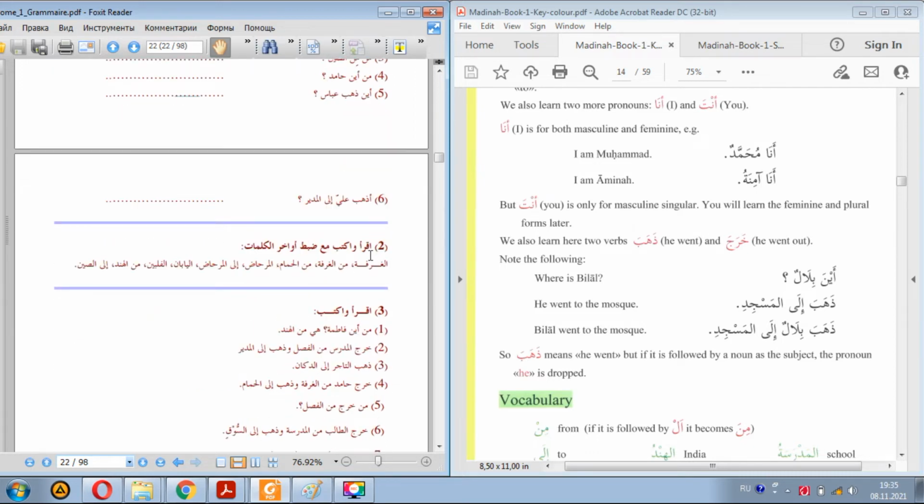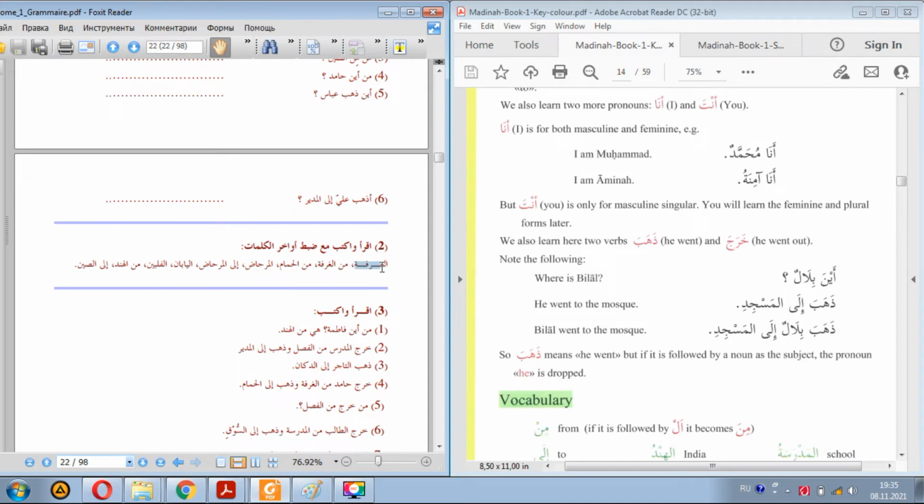اقرأ واكتب مع ضبط أواخر الكلمات. Read and write with placing the harakat at the end of the words, like al-ghurfatu, min al-ghurfati.